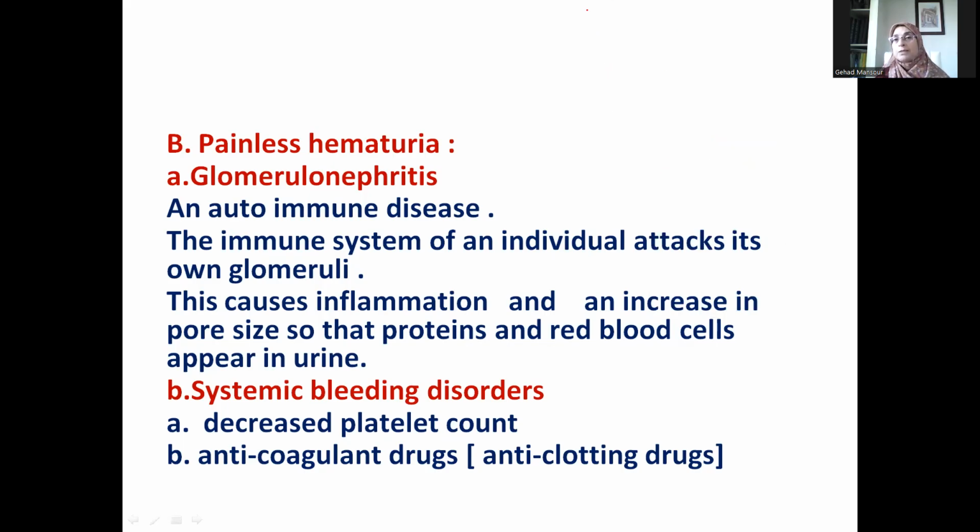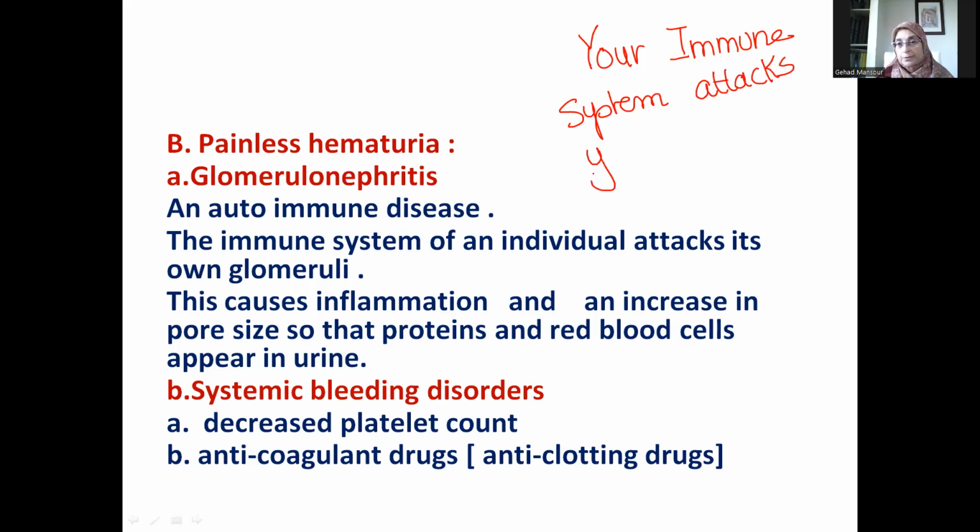An autoimmune disease is a disease in which your immune system attacks your own cells. So an autoimmune disease is a condition or a disorder. Of course, this is not the norm of the human body. This is an answer to define an autoimmune disease.